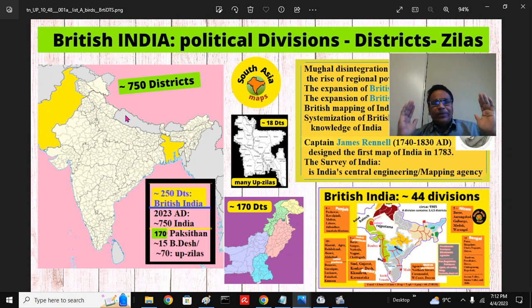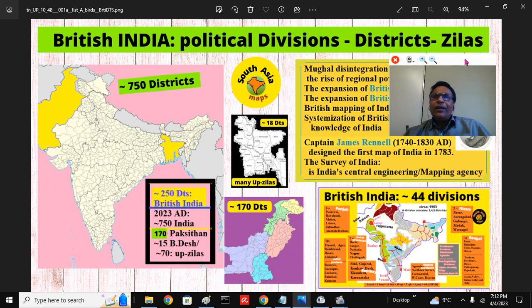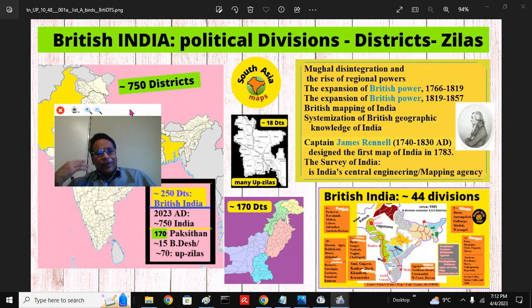It is very difficult for novices to remember 1,000 districts to begin with. If you organize the districts into political units, it's very easy to remember. Let's say in British India there used to be 250 districts, and you can easily remember 50, 55 or 60 divisions or so.